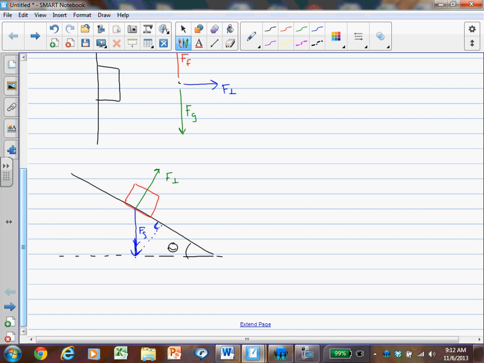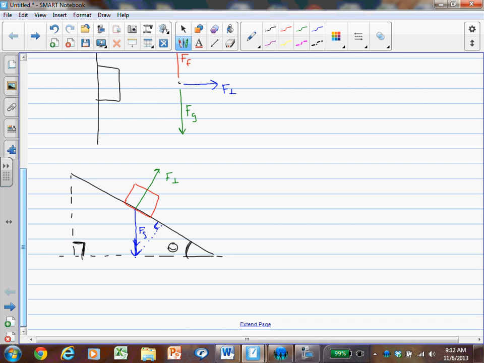If that's 90 and this over here is 90, then we have a 90-degree angle in the large one and a theta over here in the blue one.